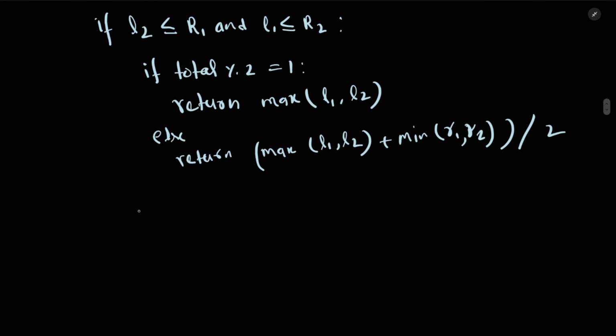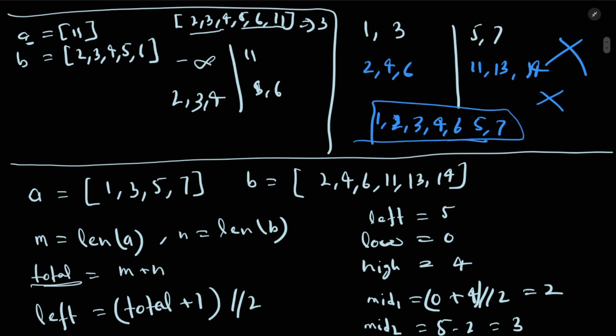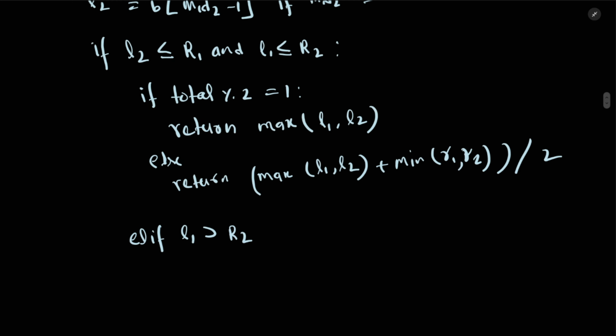So we can say else if, and we can check, sorry, not L2, so we can check if L1 is greater than R2. If L1 is greater than, not greater than or equal to, R2, in that case we need to move our high. We are saying that L1 is greater than R2.